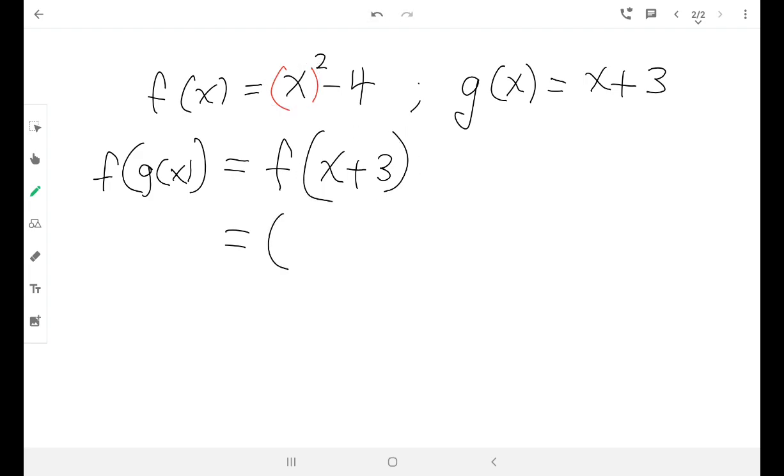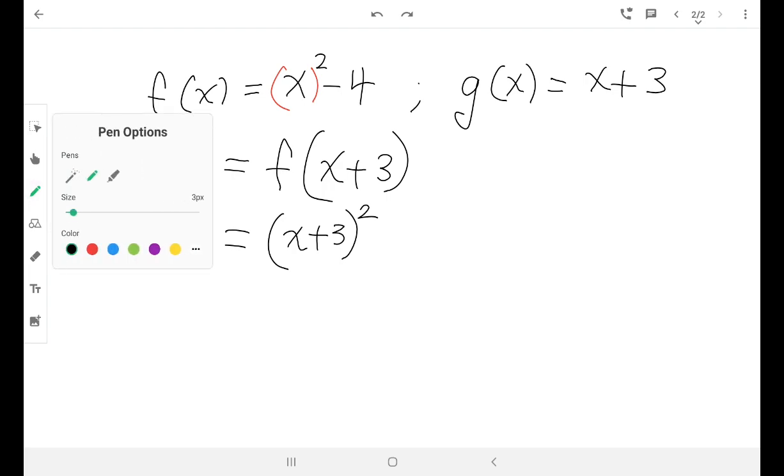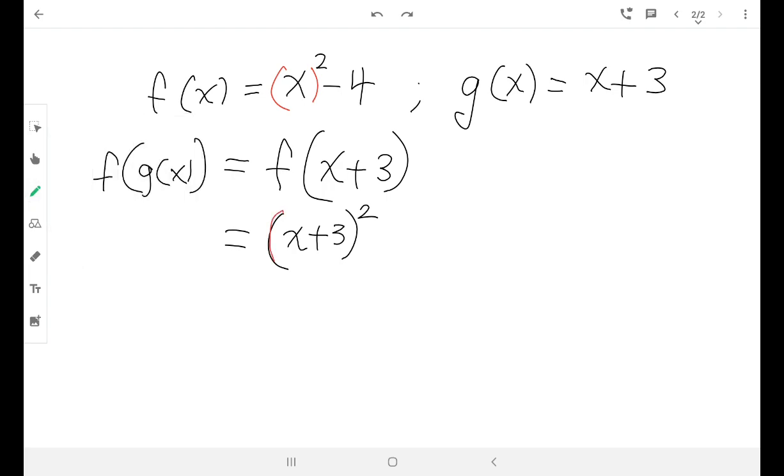So this is going to equal parentheses, x plus 3 squared. So this became this. And maybe I should show you that in red parentheses there. Those are the same parentheses as up here. And then that minus 4 is added on to the end.